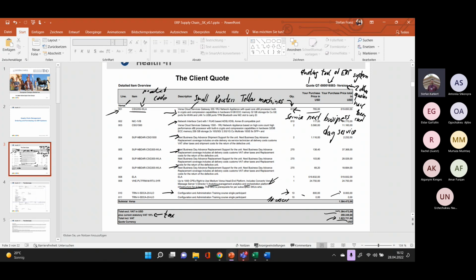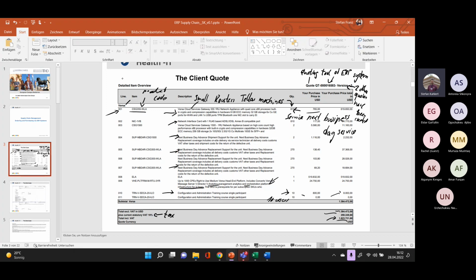And from here you can see either the client asked for a change in the requirement, or the demand changed. This is why you then sometimes have to change the whole quote.